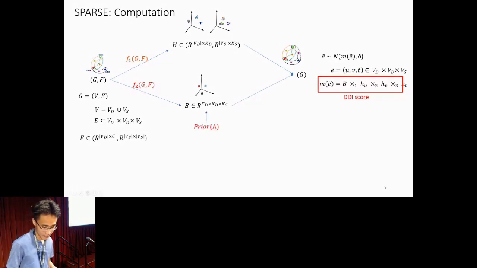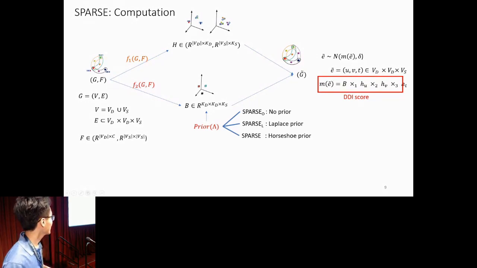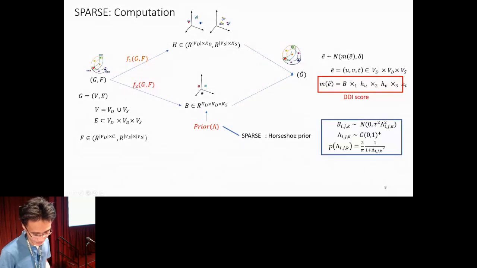And for sparsity, we control the sparsity by using the sparse prior. We consider three variants of sparse prior. One is no prior. The second one is the L1 prior, also called Laplace prior. And the third one is the Horseshoe prior, which is the state-of-the-art sparse prior. Let me say a little bit about the Horseshoe prior.